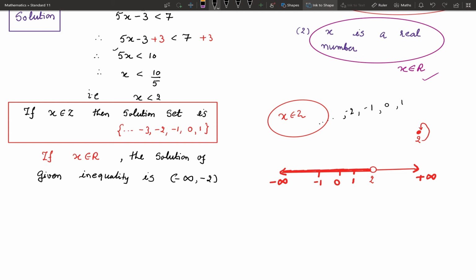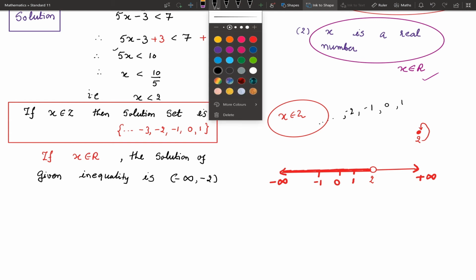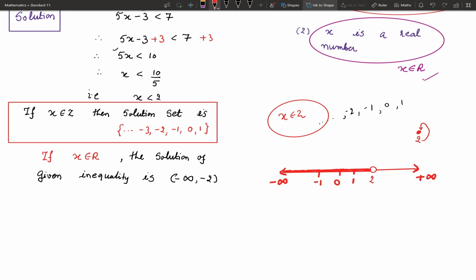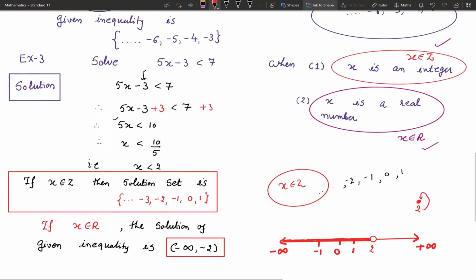Since the inequality is strict, it will be in terms of an open interval. So this is the solution for x belongs to R.